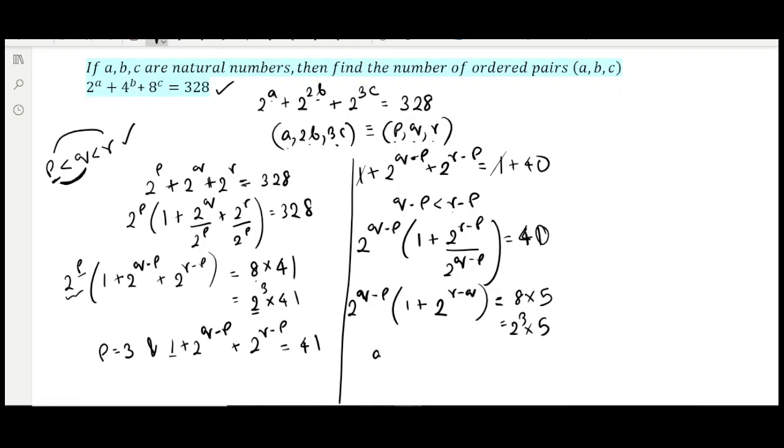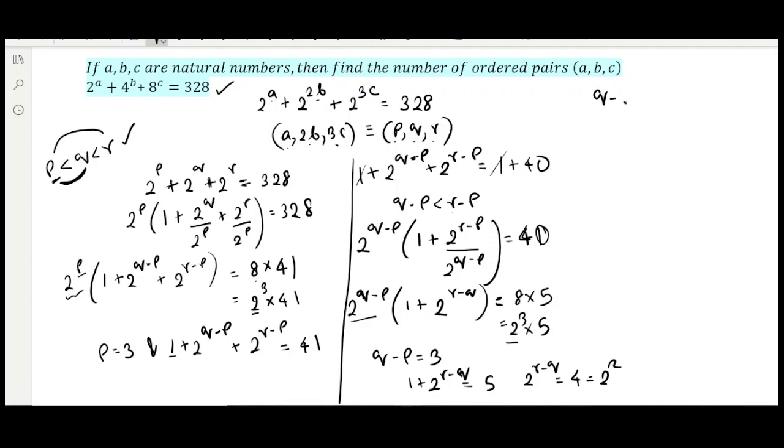So we can say that q minus p is equal to 3, again by comparing this term to this, and 1 plus 2 raised to power r minus q equals 5. 2 raised to power r minus q equals 4, which is 2 square.